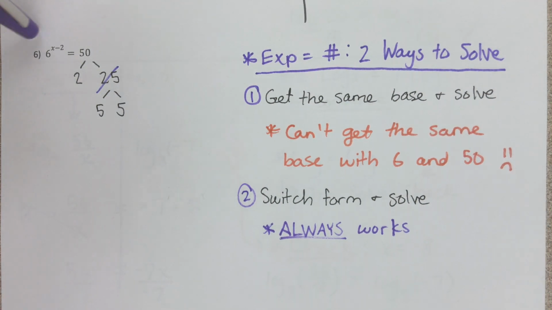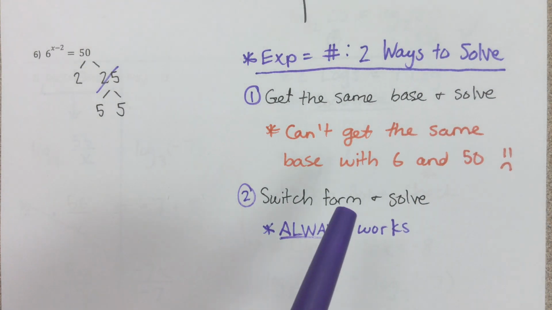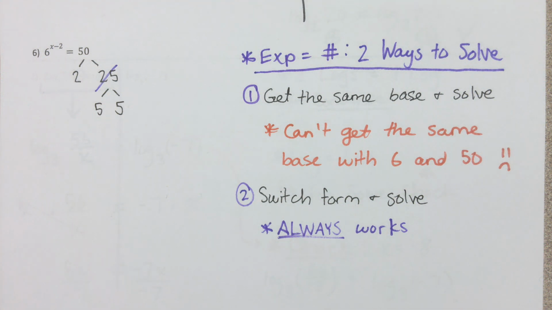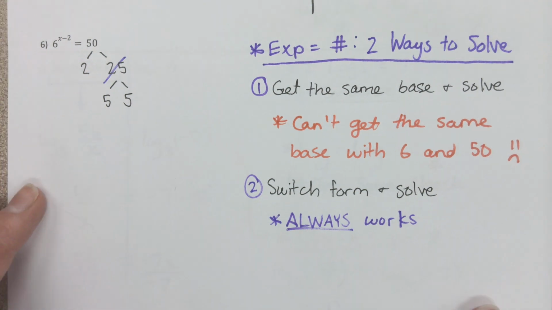If you have an exponential on one side and a plain number on the other, this method is always an option. Will always get you to the right number. So if you don't want to mess with breaking down the bases and just default to this method instead, it's reliable. So I'm going to rewrite the problem and I'm going to solve.